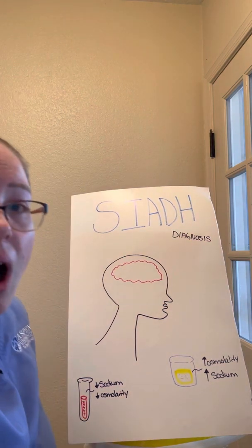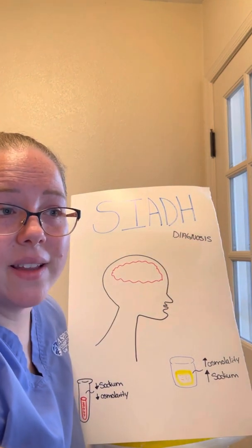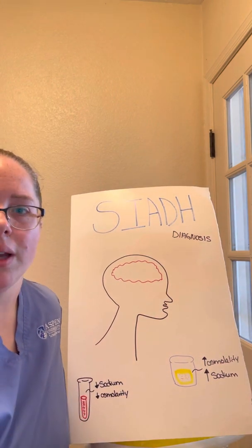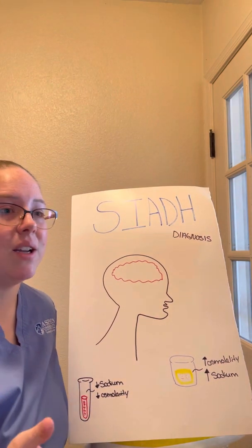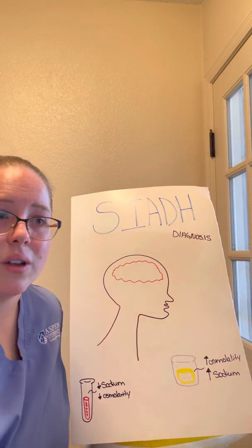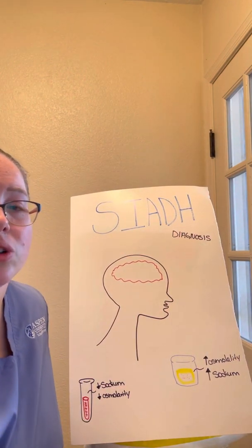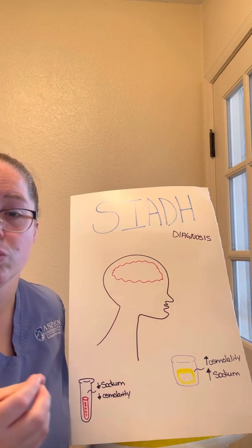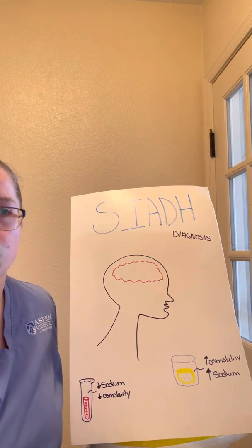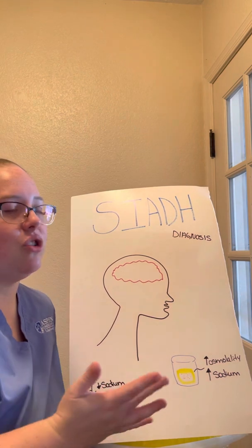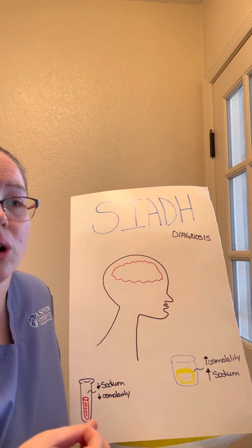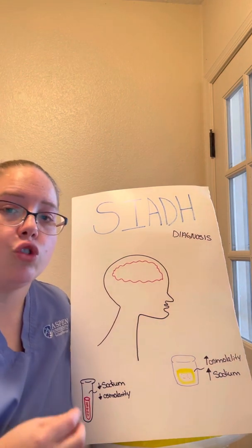So what causes the enhanced release or effect of ADH? Medications can cause SIADH. A mood stabilizer or an anti-epileptic can change the way that ADH is released into the body. Say a patient is getting carbamazepine, this acts in part by increasing the sensitivity to ADH.